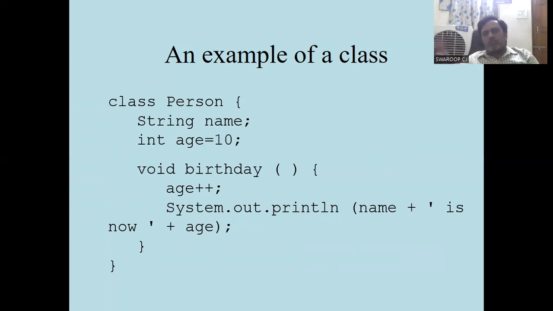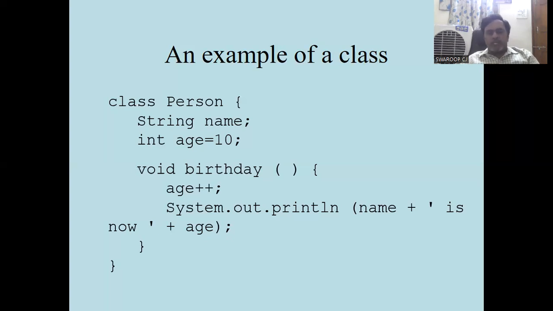If you say char name of 20, you can store a maximum of 20 characters. In the string, I am not specifying any size, so you can store any number of characters, any number of sentences, any number of words. There is no problem. But in the case of char, you have to specify the size. The char name of 20, so a maximum of 20 characters.